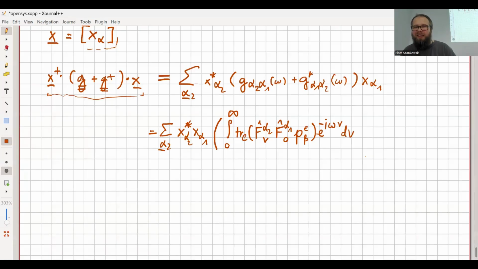And the other one is also half of a Fourier transform, but the alphas are flipped and we have a complex conjugate. So alpha 1 this time, alpha 2 of 0, rho beta hat, complex conjugate, so star here, e to the i omega v.